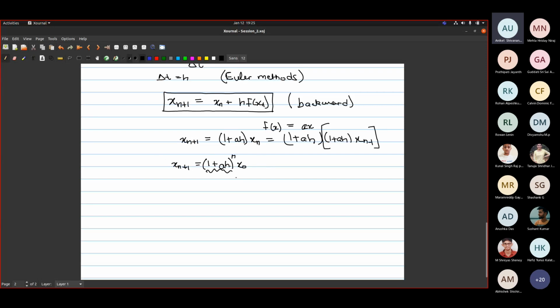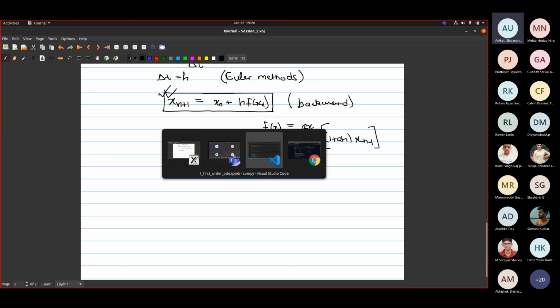Hardly ever, very few systems are linear, and this is a very cute approximation that we got here. Directly just put in n and we will get the answer. Doesn't work like this. So we are going to be dealing with this actually. Now let's go back to our code and see what we have done.